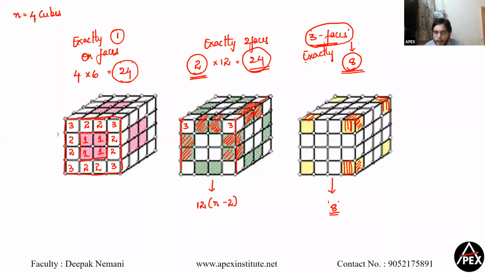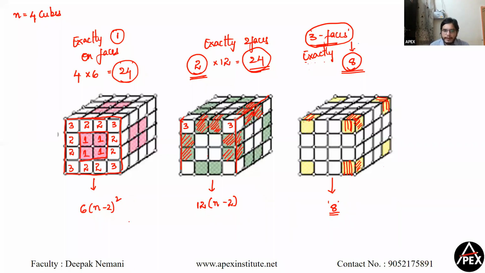The total number of cubes which will have exactly 2 faces will be 12 into n minus 2. Now exactly 1 face painted: the formula to determine this will be 6 into n minus 2 whole square.